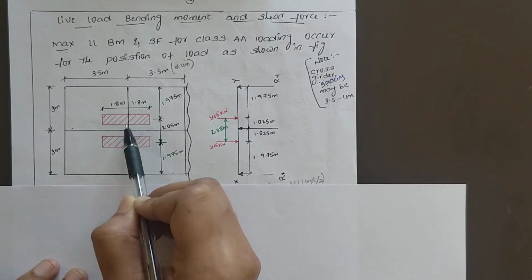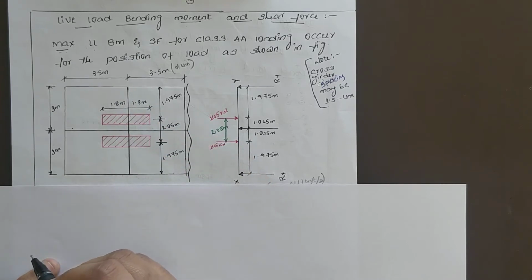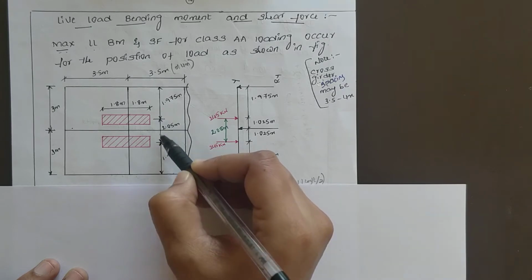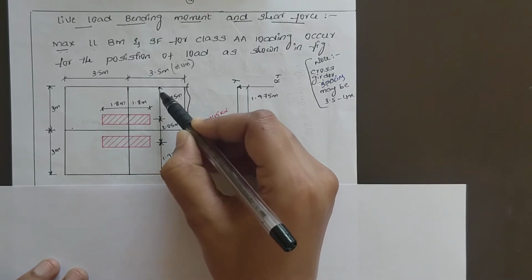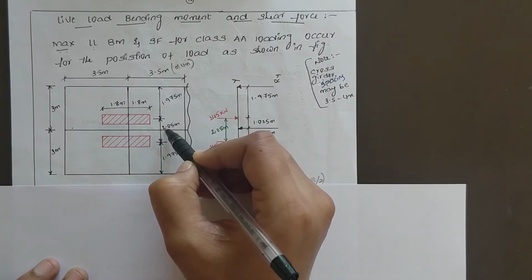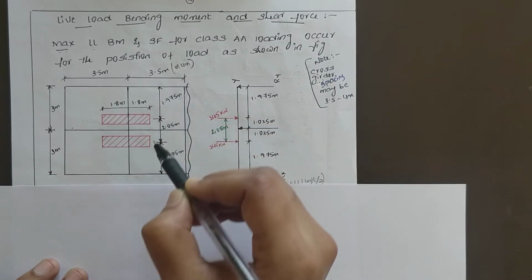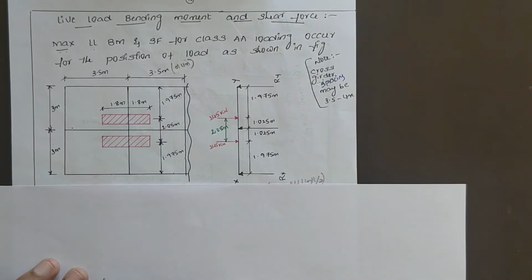Place the wheel load in between the inner girder and this will be your cross girder. The center to center distance between the wheels as per IRC 6 is 2.05 meter, and half of 2.05 is 1.025. From that 3 meter, if you subtract 1.025, you will get 1.975.